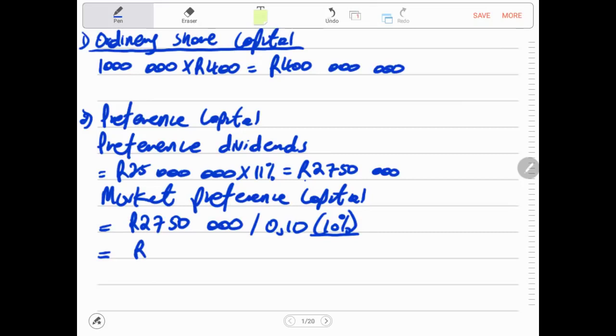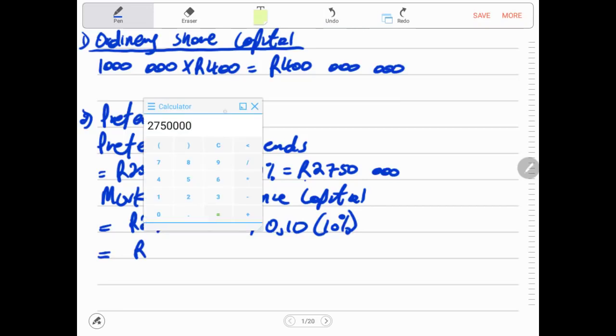So we just divide the preference dividends by 10% to get to the capital, meaning the preference capital according to the market. Remember, according to us, the preference share capital is 25 million. But according to the market, it will be a bit different.